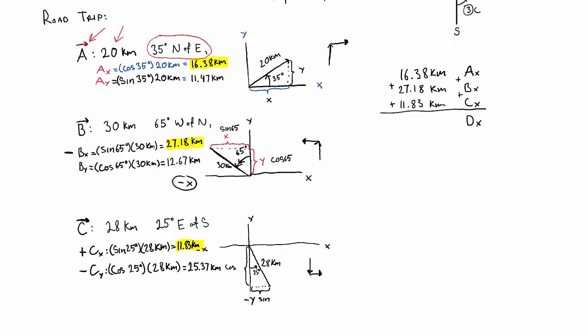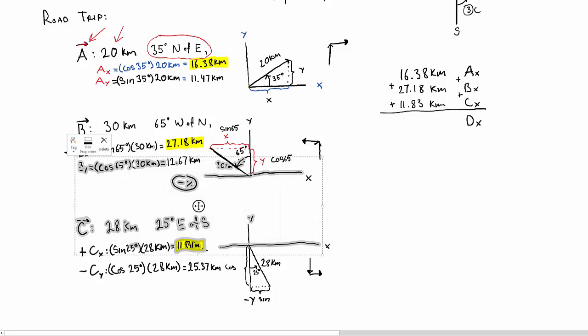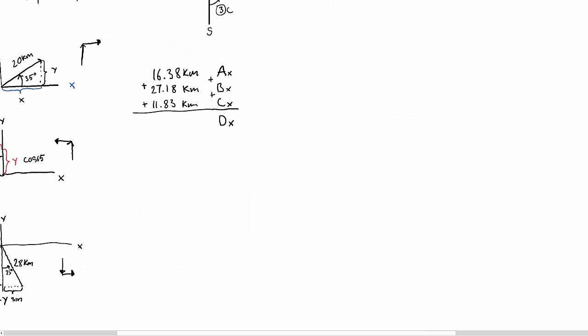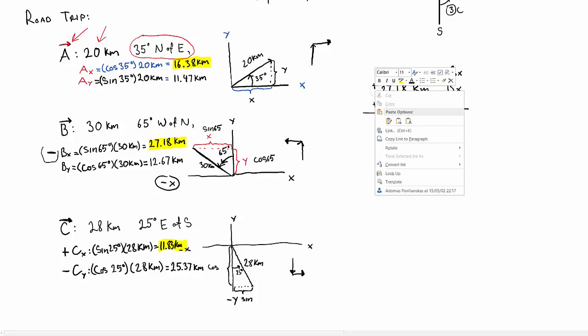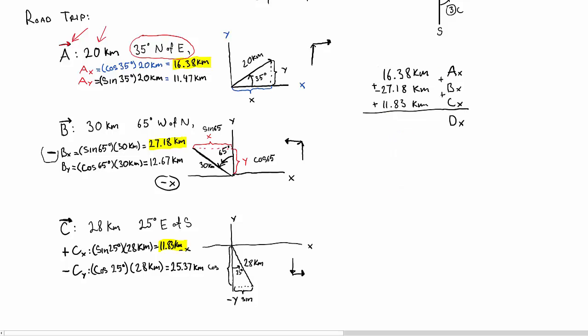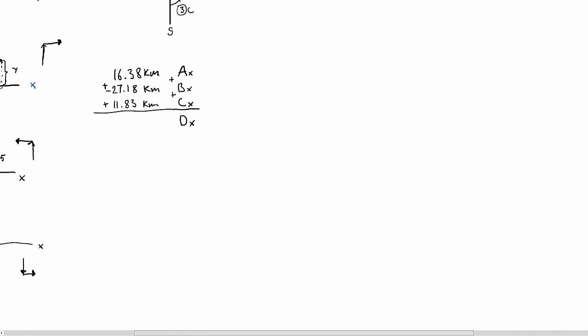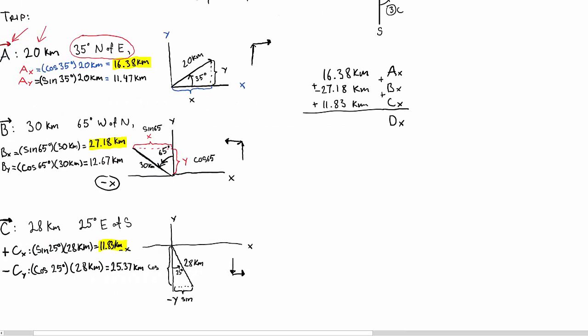You notice this B component is actually negative. Negative sign in there. And that's going to turn out to be 2 kilometers.